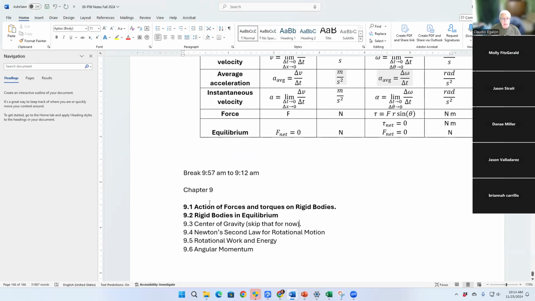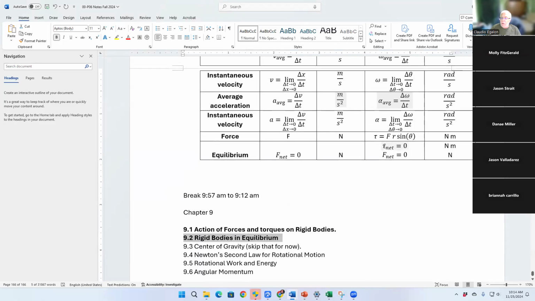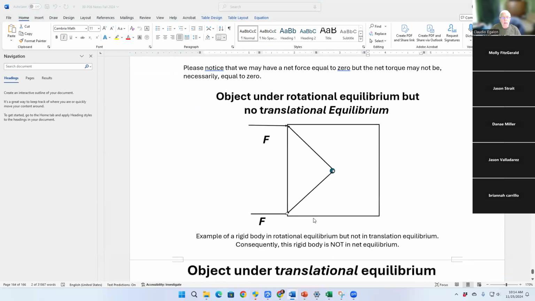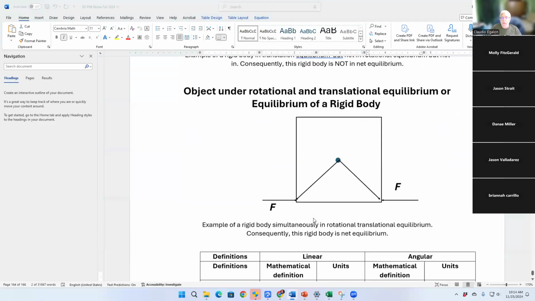Okay. Action of forces and torques, rigid body in equilibrium. And don't forget, in order for a rigid body to be in equilibrium, those two conditions must be satisfied simultaneously. Let's review those three cases here, right?